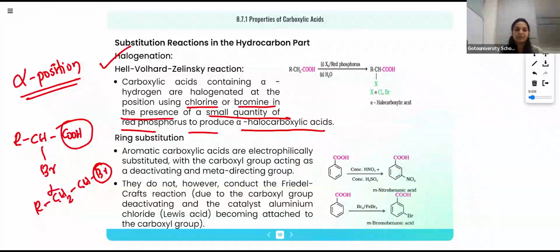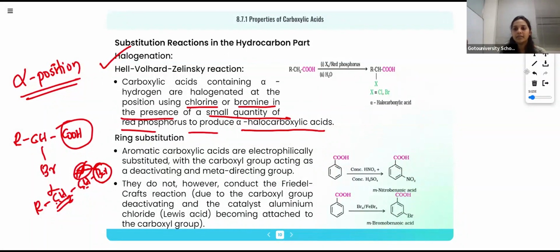In the acid, the functional group itself contains carbon, so the carbon next to it is the alpha. In other cases, the carbon containing the halogen is the alpha carbon.